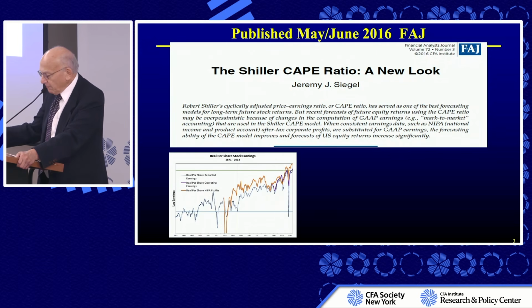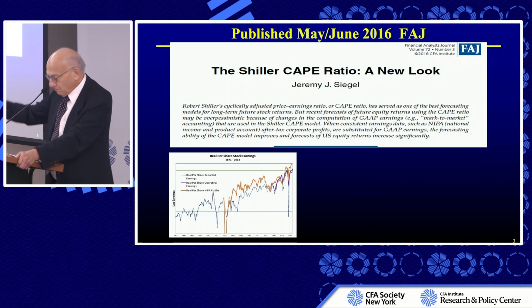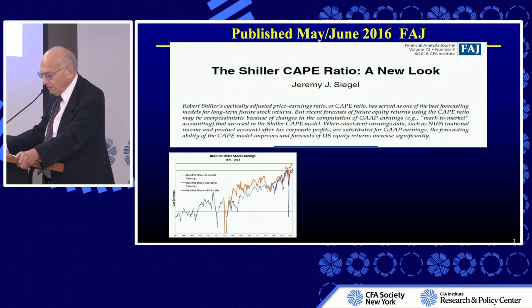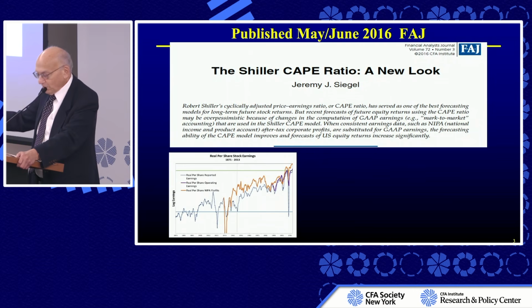So what I have here, this blue dotted line, is real per share reported earnings. During the financial crisis, that big dip downward was much worse than the reported earnings dip of the Great Depression of the 30s. And that's because they changed the definition.